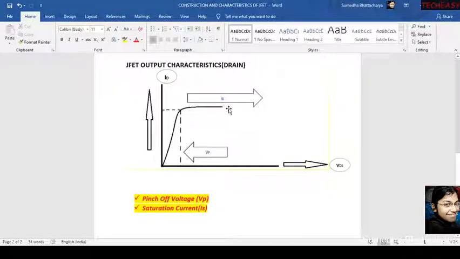But I am not mentioning there what the breakdown voltage is. I'm just telling you, just listen, that it will saturate, but one time will come, one voltage will come, after which the current will flow hugely, infinitely. That voltage will be called the breakdown voltage, okay?